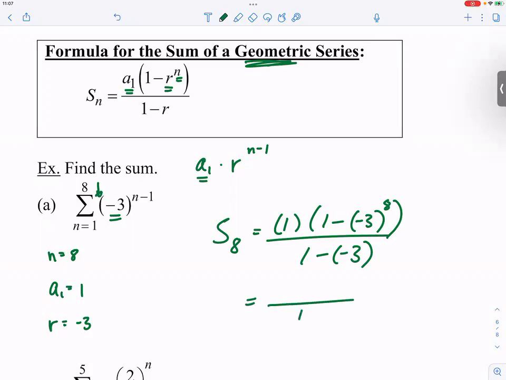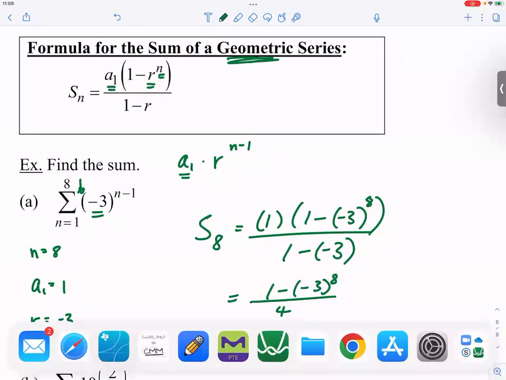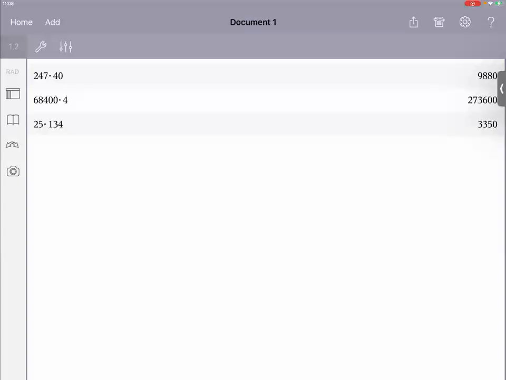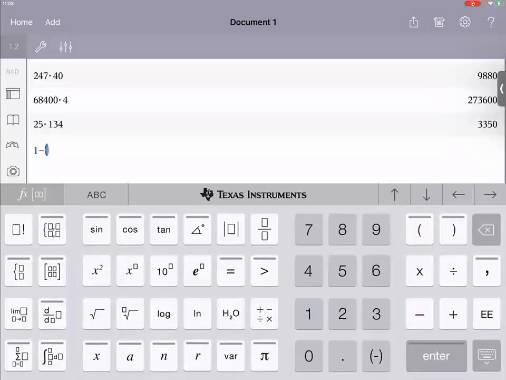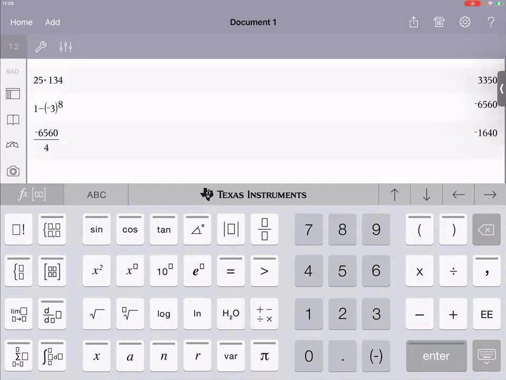You would do most of the work in a calculator, but make sure your notation is clean and accurate, because if you don't put parentheses or write the numbers correctly, whatever you put in the calculator will be wrong. So you say 1 minus negative 3 to the 8th power, divided by 4. That will be negative 1,640.